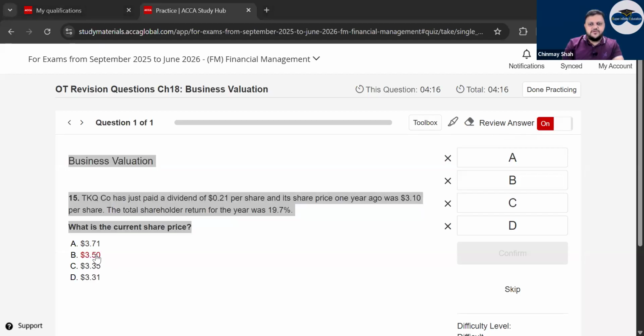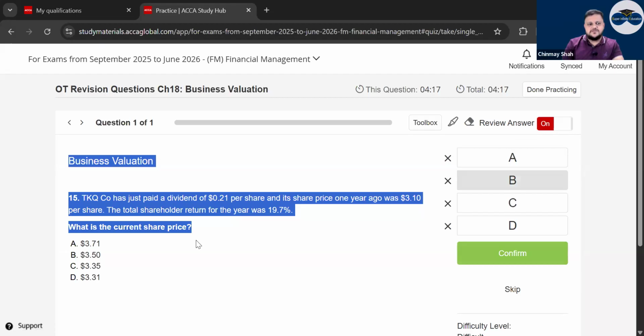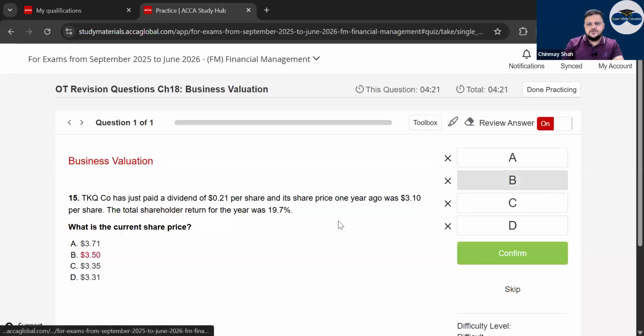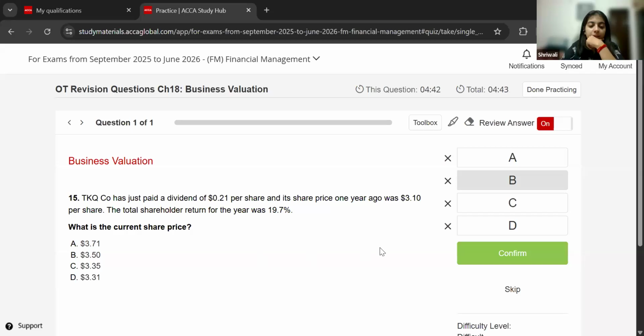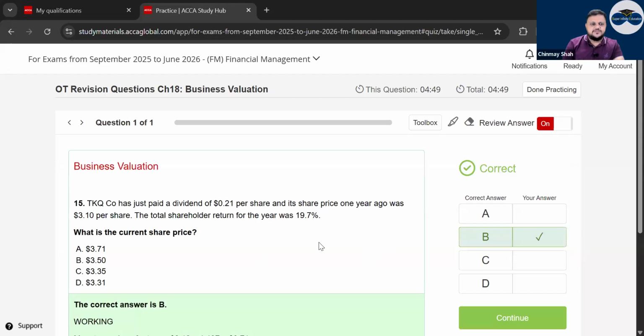B, 3.5. Anyone has any other answer, other than 3.5? Vipasha, what do you say? Shivani? Srivalli? Sorry, you are Srivalli. What is the answer? B. Everybody okay with B? Krisha, what do you say? B? Okay, let's confirm.